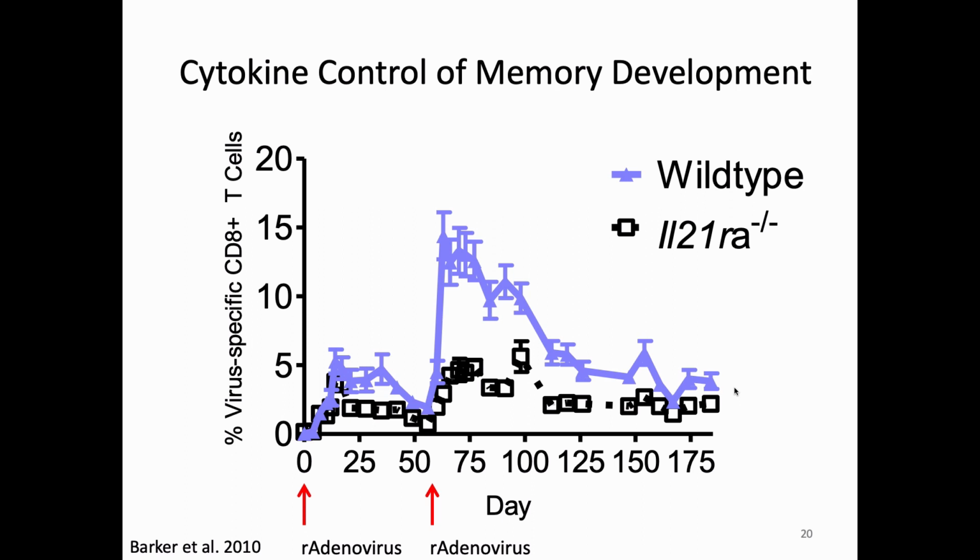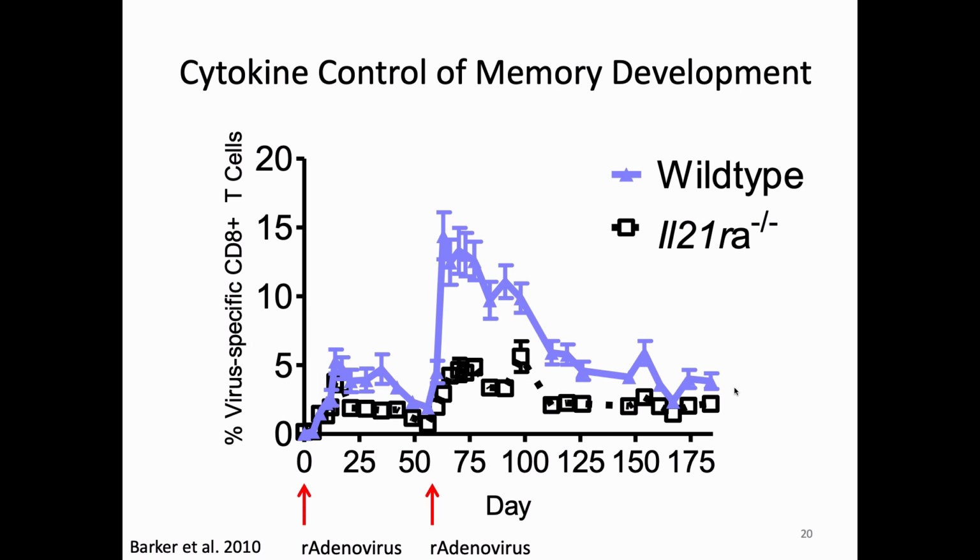I was infecting them with a particular virus, and then measuring the virus-specific cells in their blood. If you just look at the purple line, this is the primary response to the virus. Then at day 56, 8 weeks later, I reinfected them, and you can see my nice secondary response.